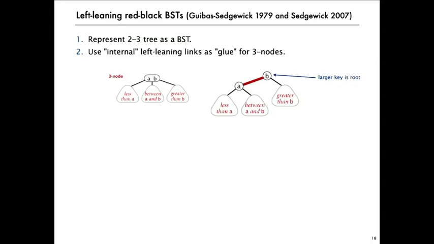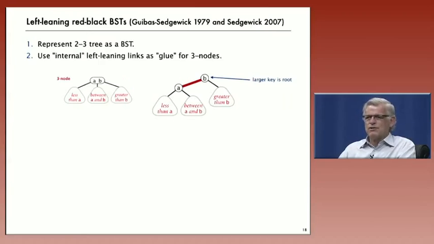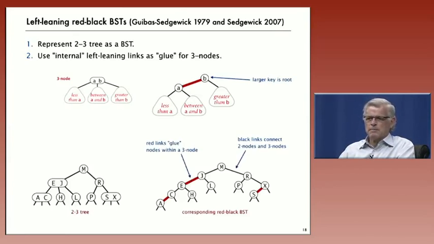And you can see from this transformation that it's easy to see this correspondence. The middle link between A and B, those are the keys that are less than B and larger than A. So that takes 2 comparisons to get to them. The ones that are less than B, less than A, that's 2 comparisons for that. And the ones that are greater than B are the right link of B. So just following those 3 cases, we see that this correspondence is going to work.